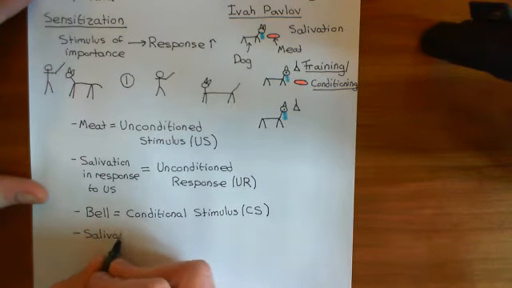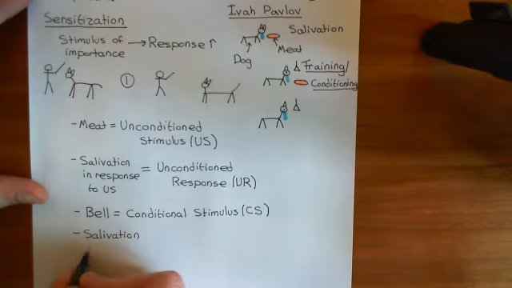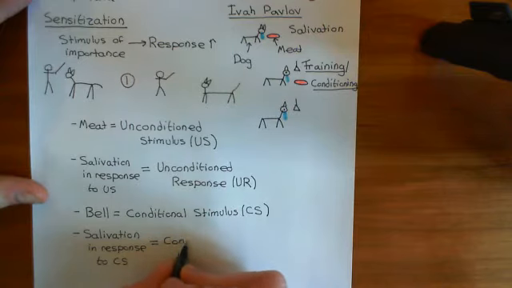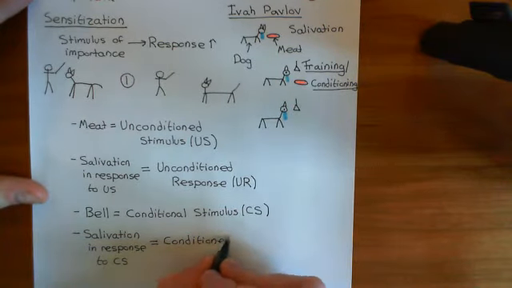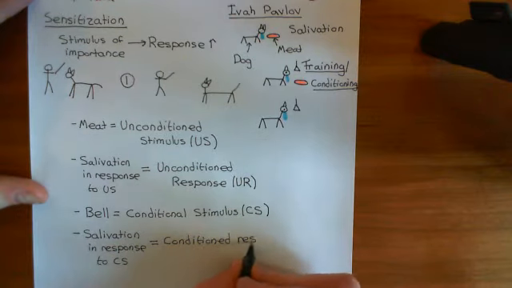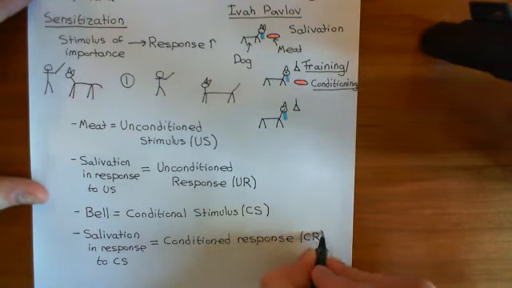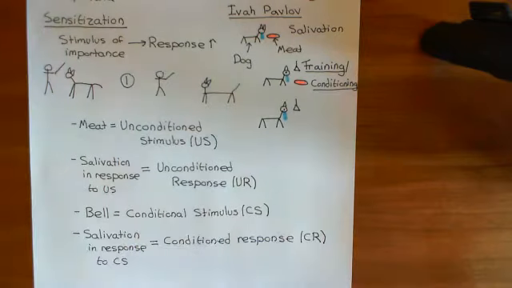Finally, the salivation in response to the conditional stimulus, the CS, is called the conditioned response, the trained response. It is the response that the dog will only initiate to the conditional stimulus if it has undergone conditioning, and it is often abbreviated to the CR for short.